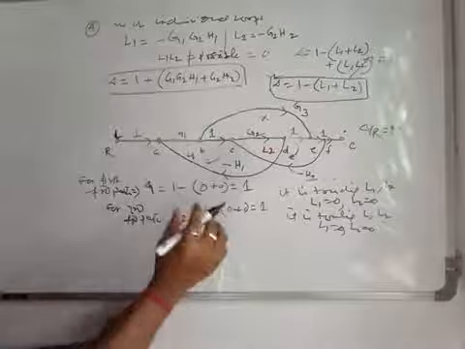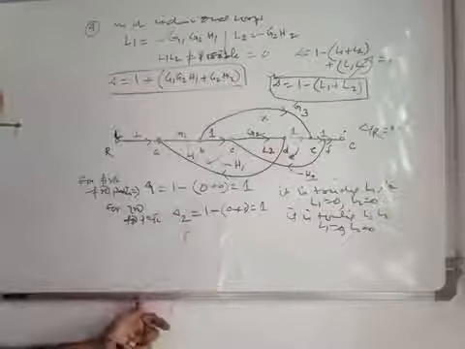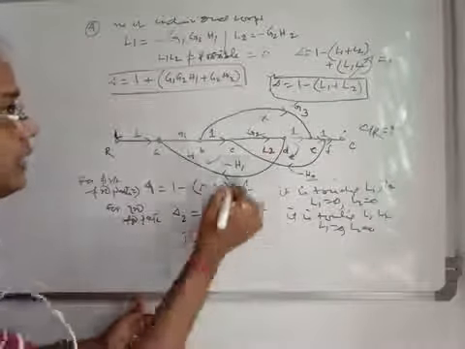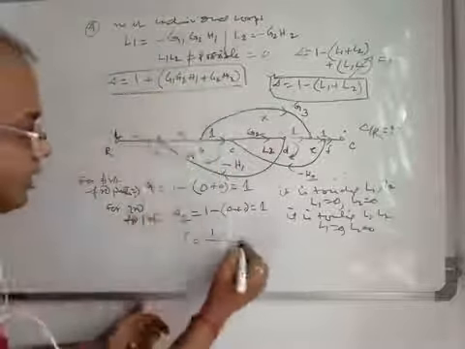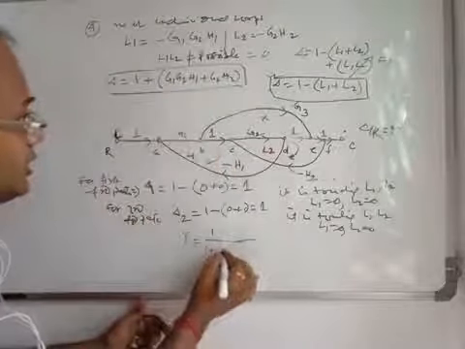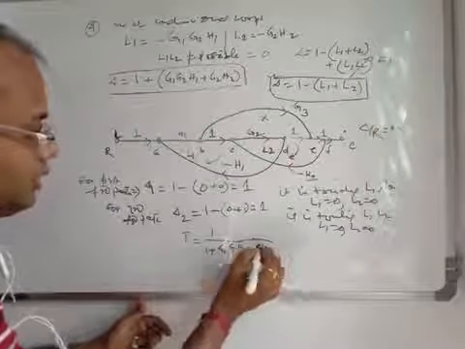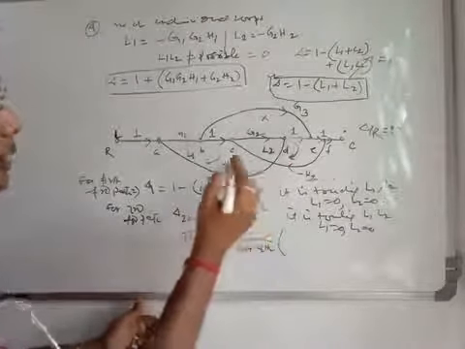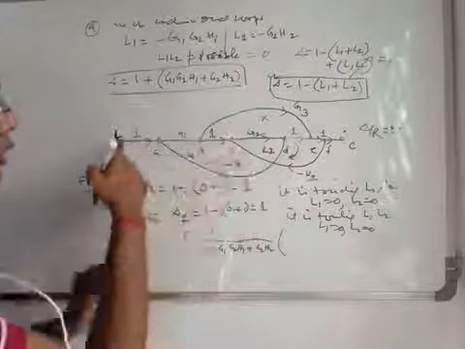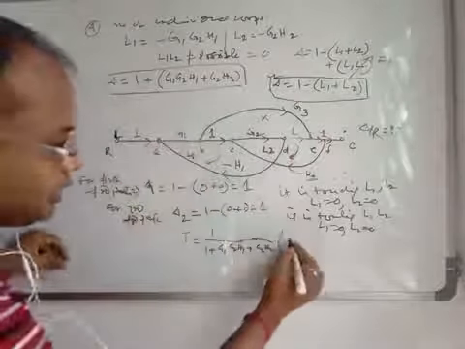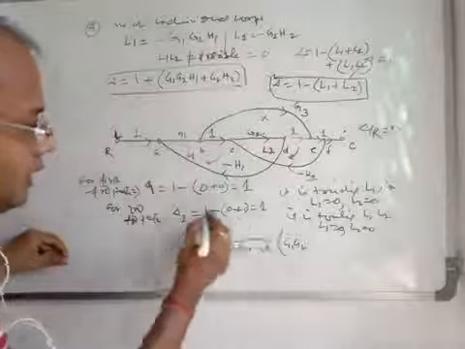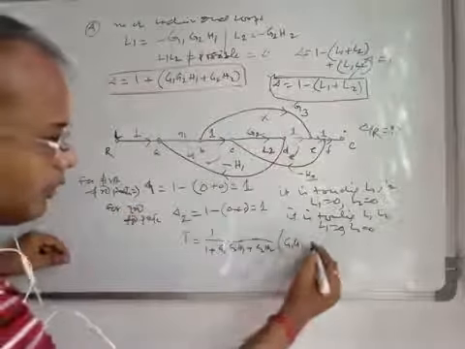Once delta 1 and delta 2 are known, T, that is the overall transfer function, is 1 by delta. 1 by delta means 1 plus G1 G2 H1 plus G2 H2, into the summation of P1 delta 1 plus P2 delta 2. P1 we already know, this is your P1, G1 G2. So G1 G2 into delta 1 plus P2.